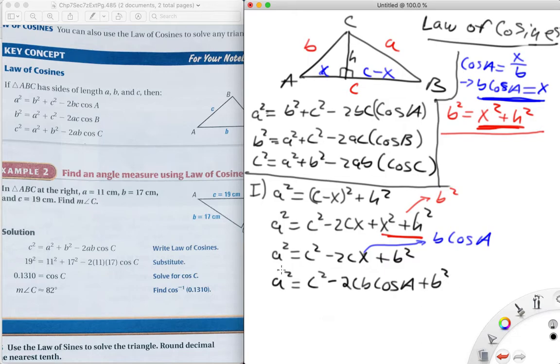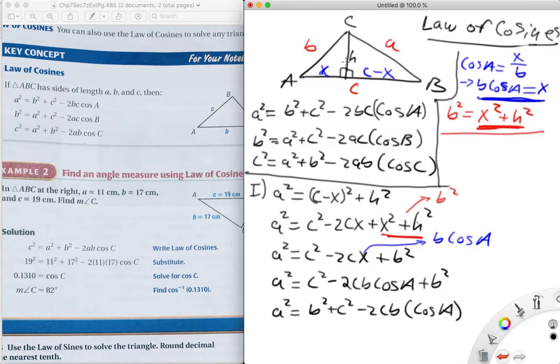And then I'm going to bring b squared to the front and say that a squared is equal to b squared plus c squared minus 2cb cosine of a. That's the first condition.